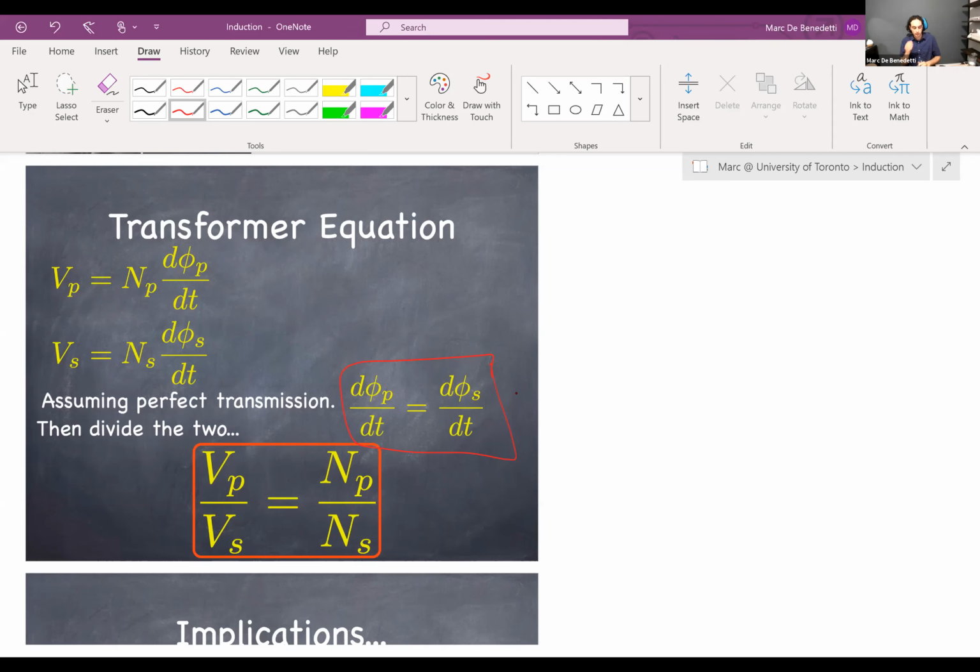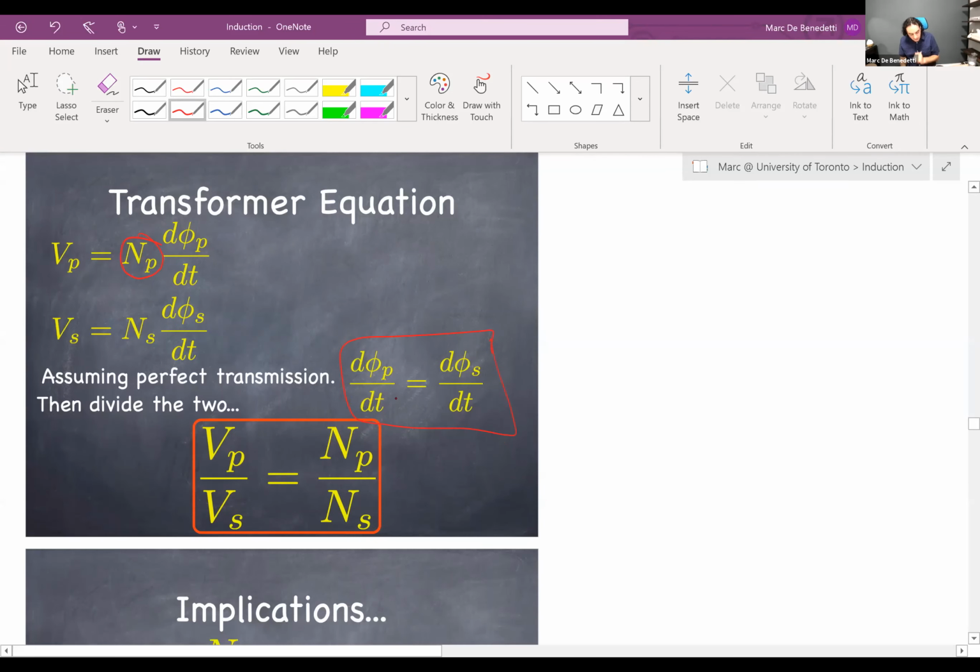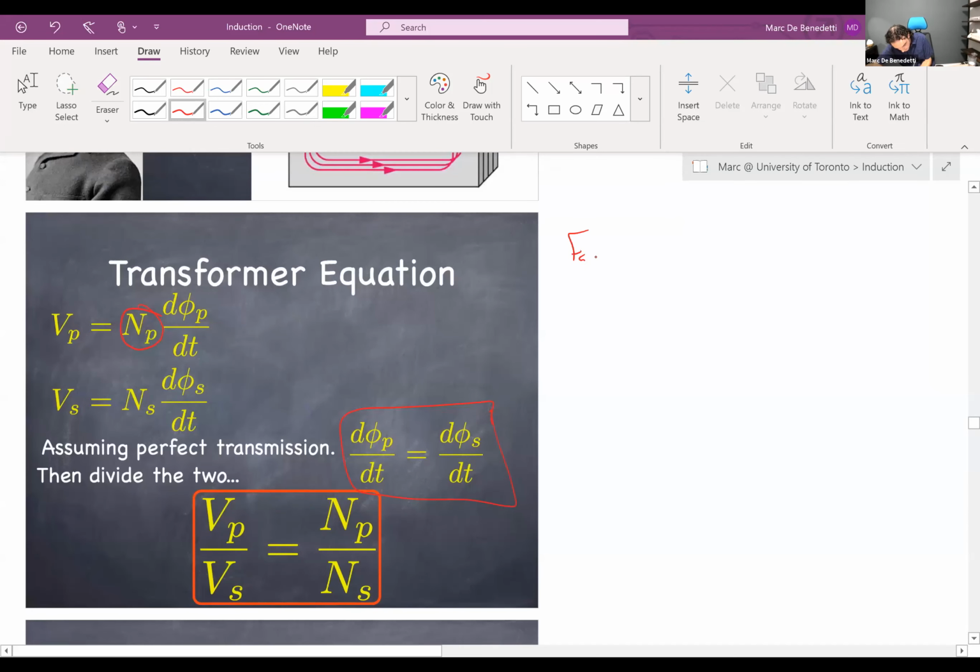Okay, now let's go a step further. What is flux? Well, if we only have one loop, then it's just this. But if you have multiple loops, then you multiply it by N, the number of turns in the primary. So we know the flux is the same. And we know Faraday's law. Faraday's law is that the induced EMF equals the number of turns times the change in flux.